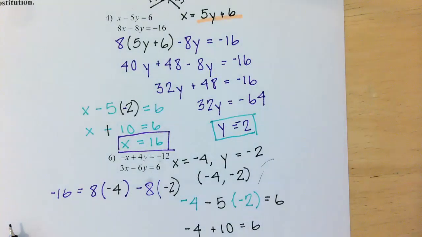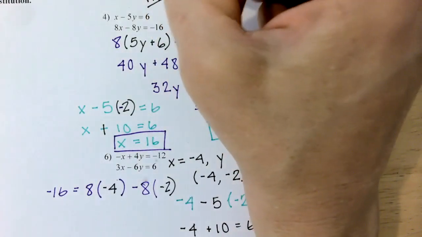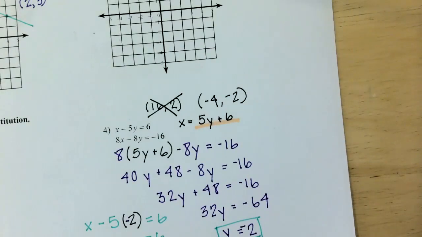All right, that works. So our final answer is -4, -2, and that is called the substitution method.